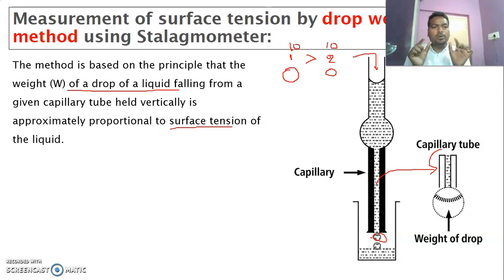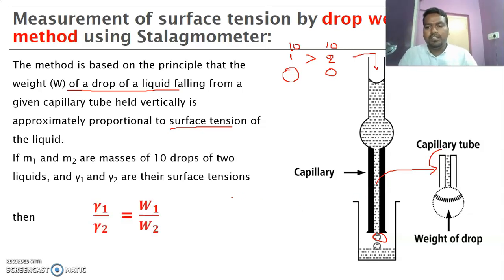We take equal volumes of two liquids, liquid 1 and liquid 2, pass them through the stalagmometer, first count the number of drops, then determine the mass of the drops.